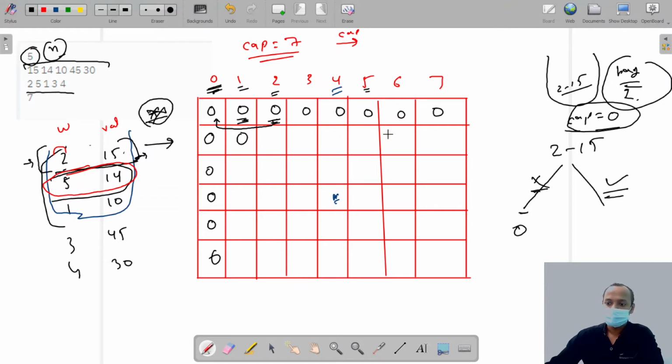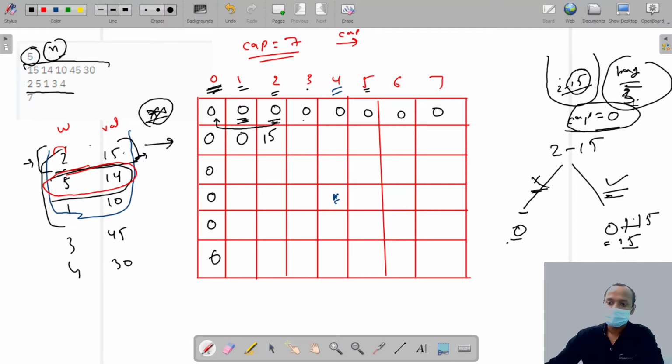We get 0, plus we have the value of this item, that is 15. So total is now 15. So if we exclude this item we get 0, and if we include this item we get 15. So we write 15.